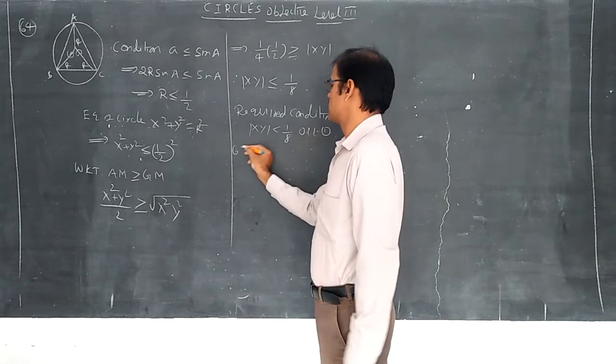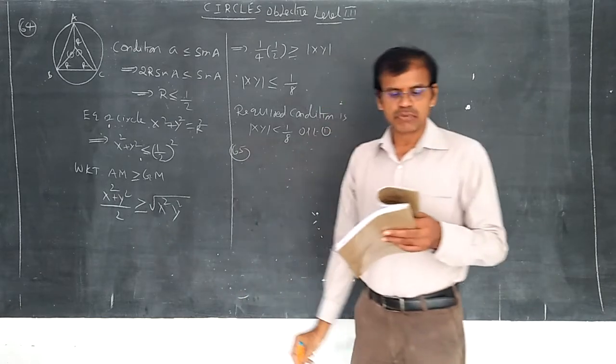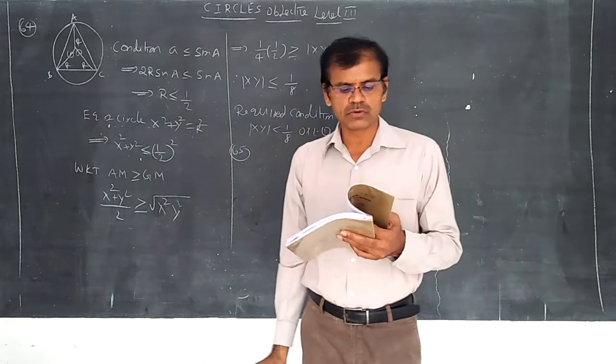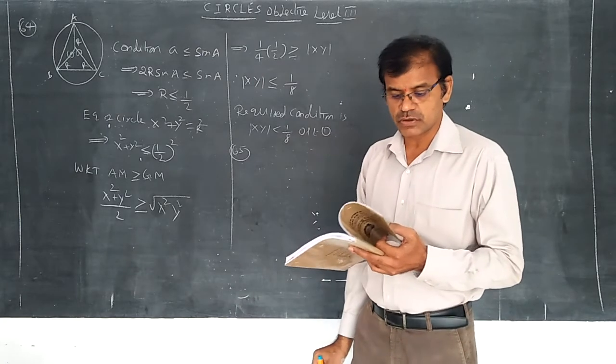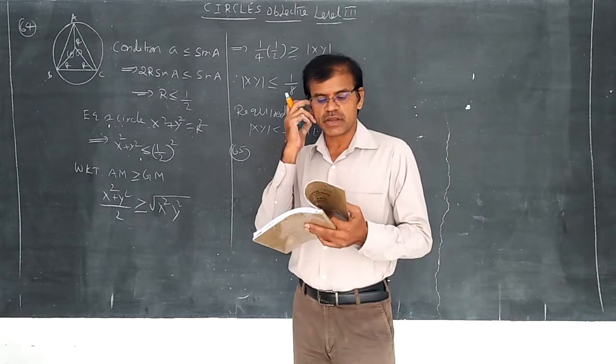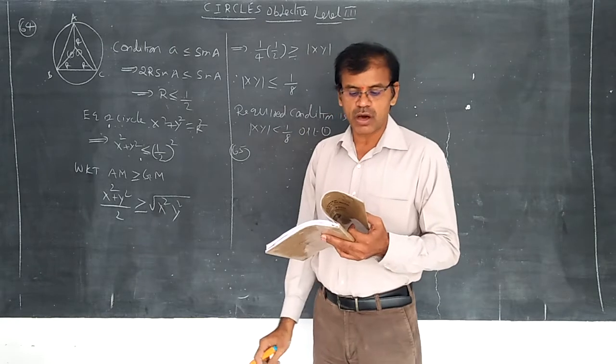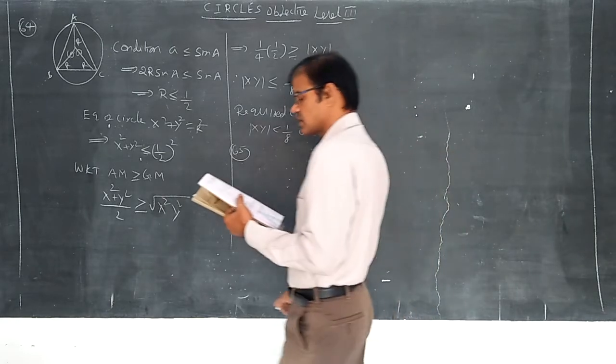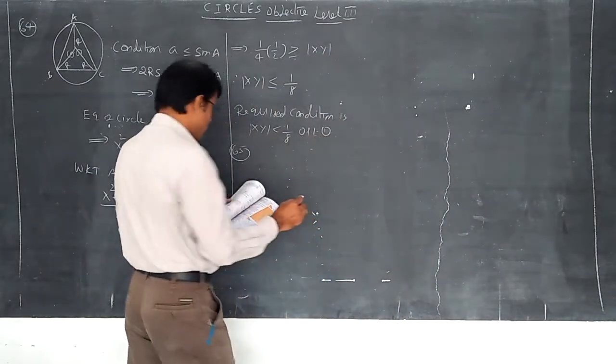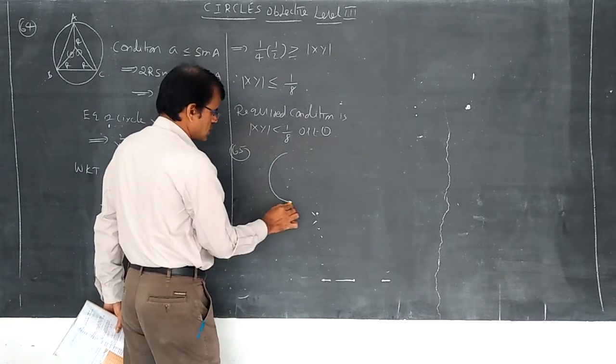Now let us discuss the 65th question. P, capital P, root 2 comma root 2 is a point on the circle x square plus y square equal to 4. And Q is another point on the circle such that arc PQ equals 1 by 4 of the circumference. Find the coordinates of Q. Draw the circle.